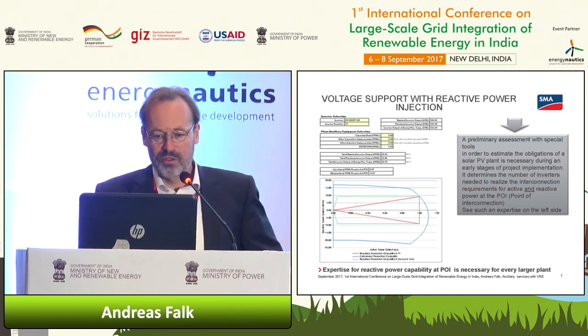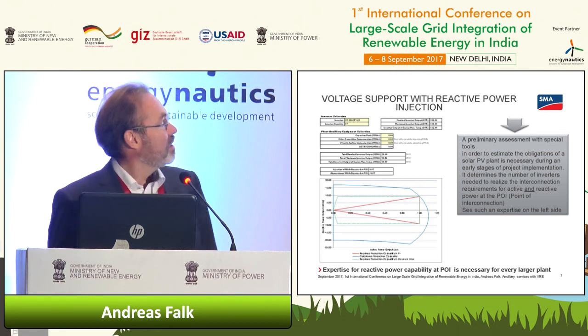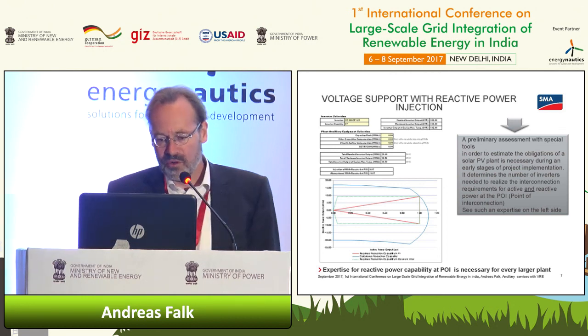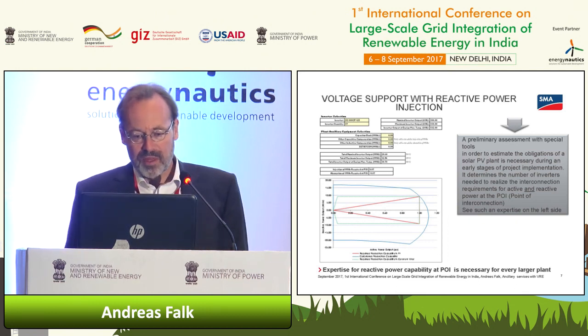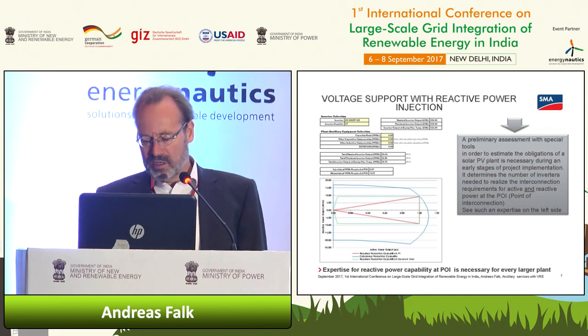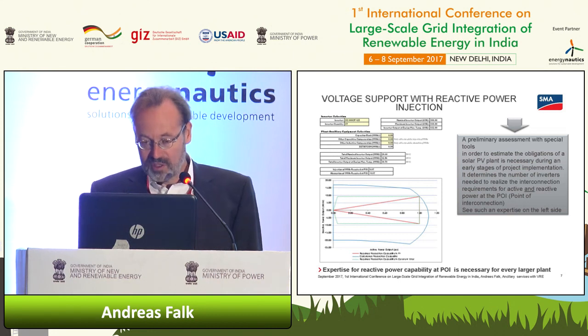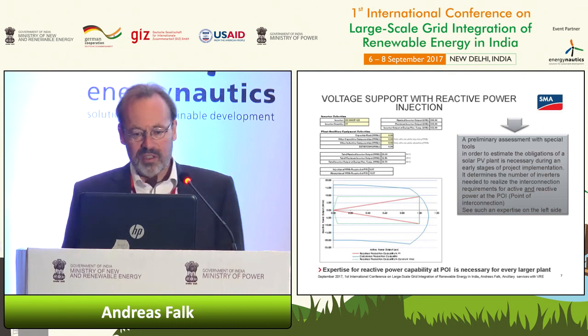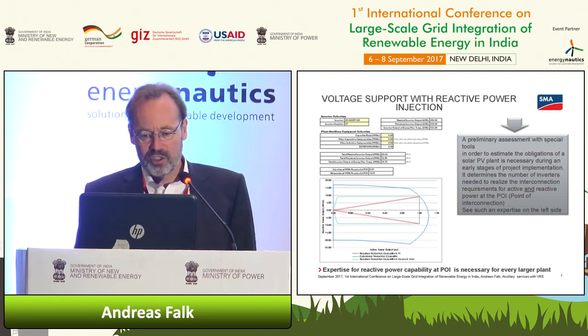Here, for example, you see the result of the expertise. In dotted green or red, you see the capacity the utility is requiring, and in blue you see the operation points achievable.